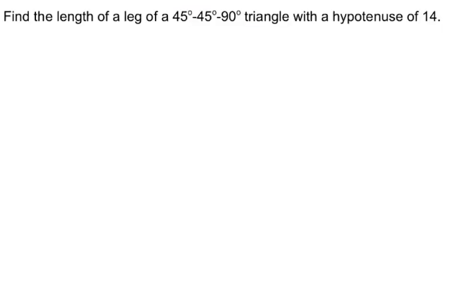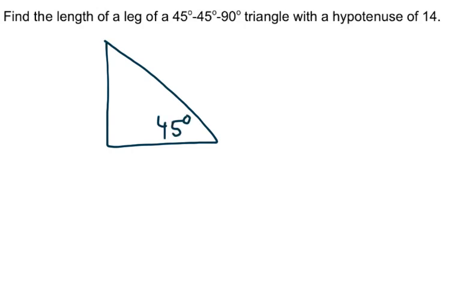So let's try one more example here. Find the length of a leg of a 45, 45, 90 triangle with a hypotenuse of 14. So we have a 45, 45, 90 triangle in which the hypotenuse is 14. The same procedure takes place.